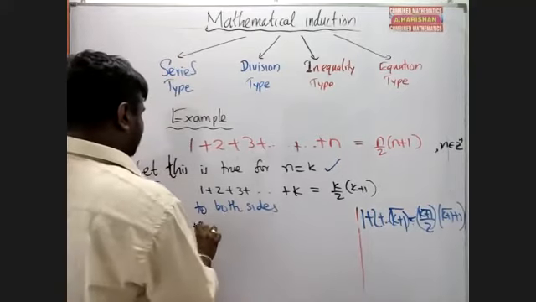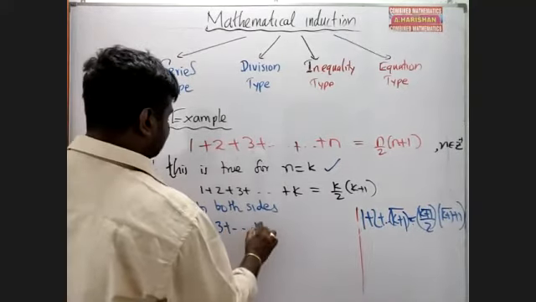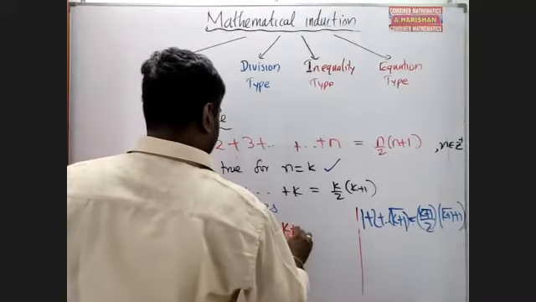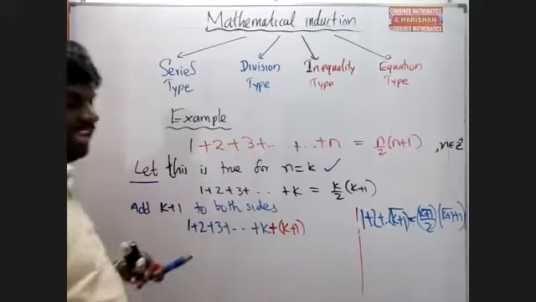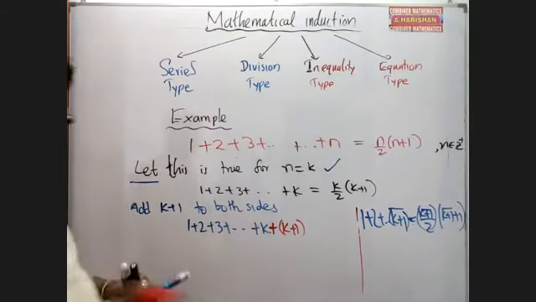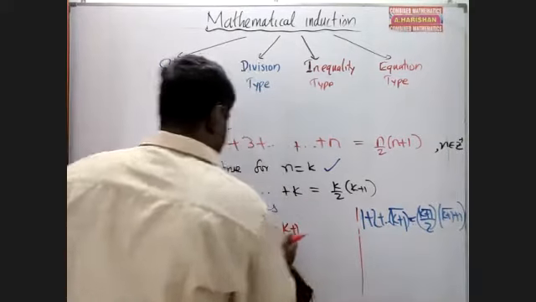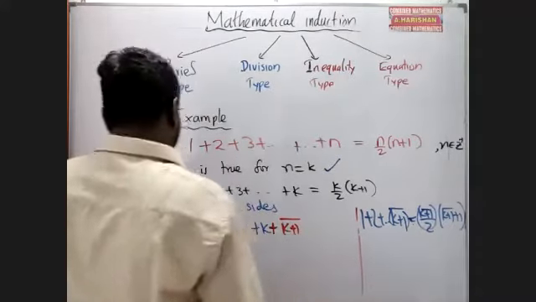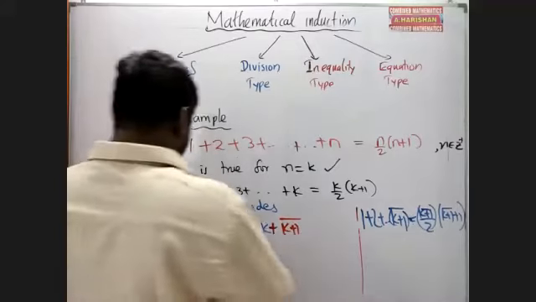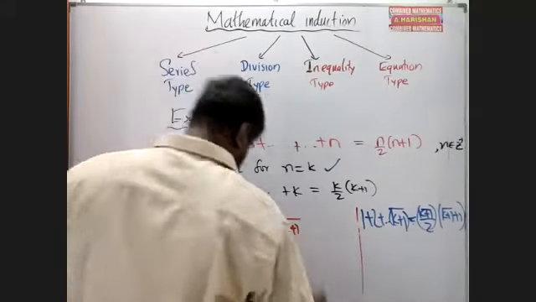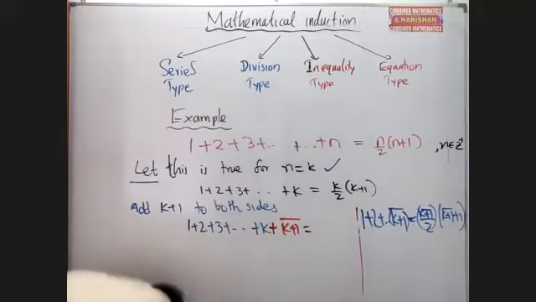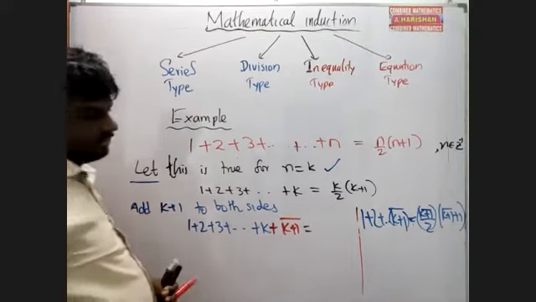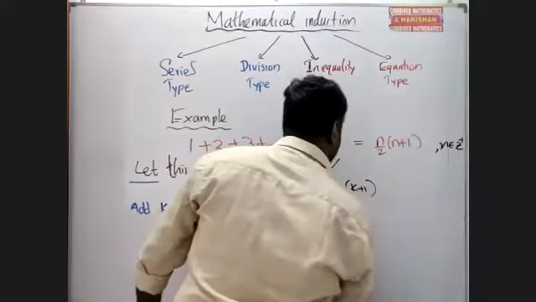Then I'll be getting 1 plus 2 plus 3 plus k plus, I'm going to write in red, k plus 1 is added. I can write by putting my brackets, or I can write by putting the k plus 1 bracket like this. That equals, I erase this one because I need the space.